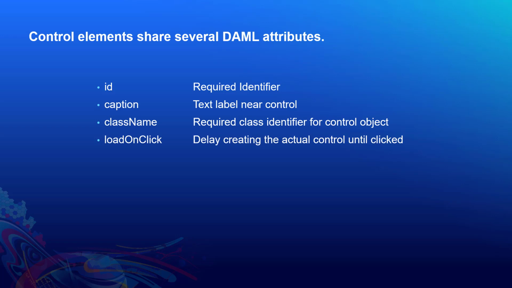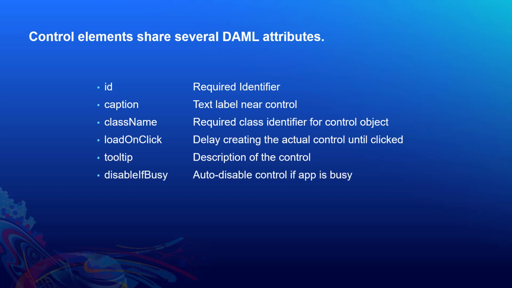Load on click delays the creation of the actual control until it's clicked. The tooltip displays a description of the control when mousing over the control itself. The disable if busy attribute automatically disables the control if the app or UI thread is busy.